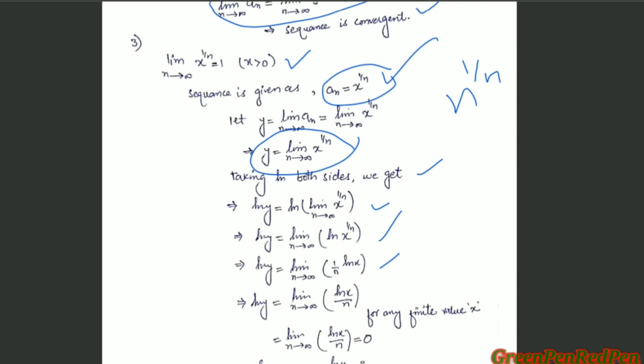Taking the limit on both sides, and letting y equal this sequence, taking log on both sides with the same property used in the second one, at the end we get y equal to exponential of 0, so the sequence approaches 1. It's convergent, hence proved.